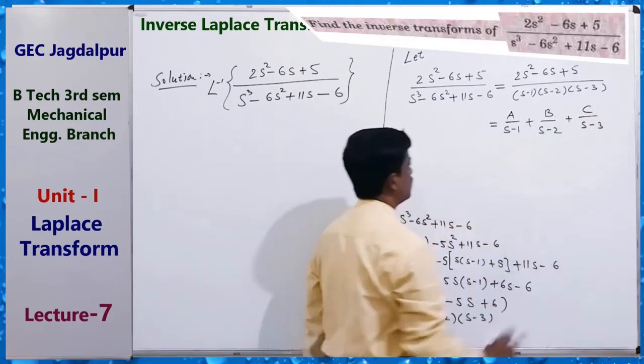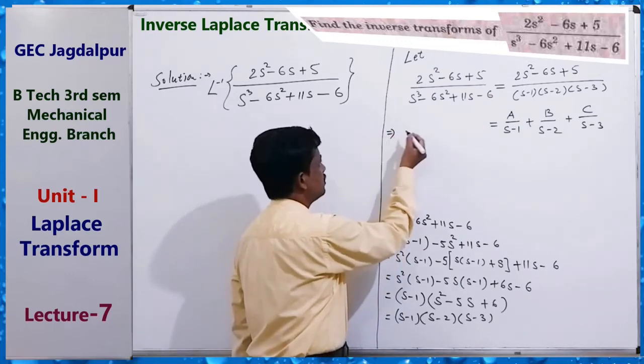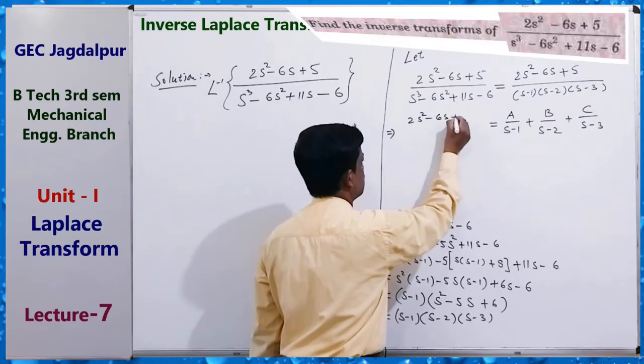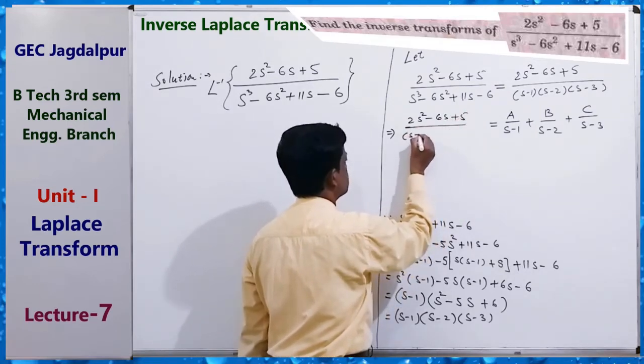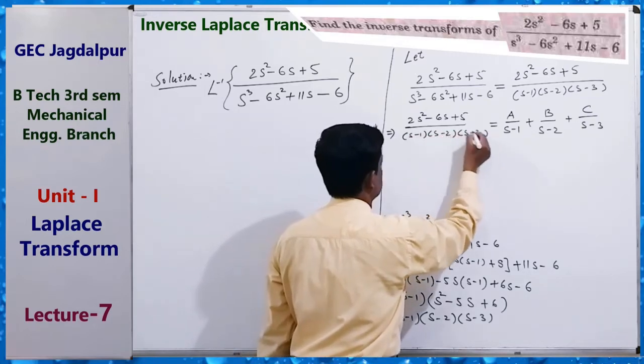There are three factors. So as a rule of partial fraction, 2s square minus 6s plus 5 upon s minus 1, s minus 2, s minus 3. This is our relation.